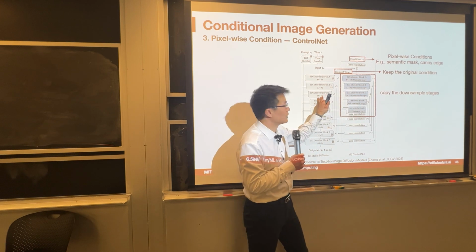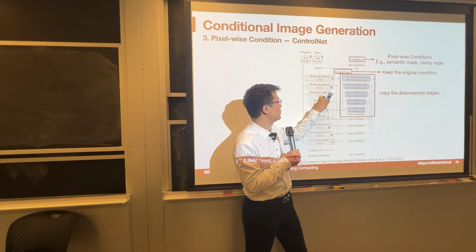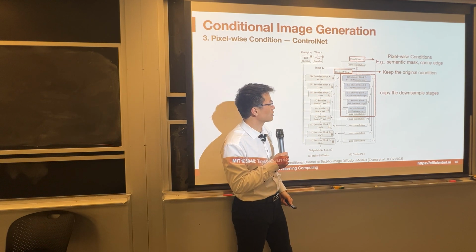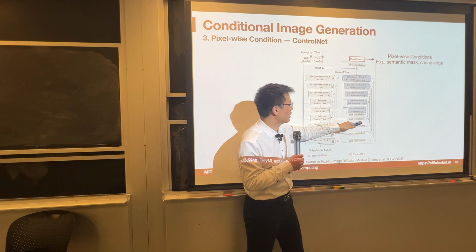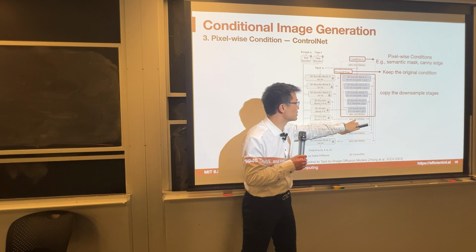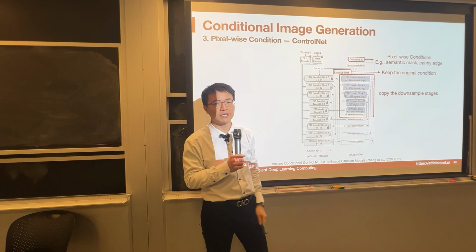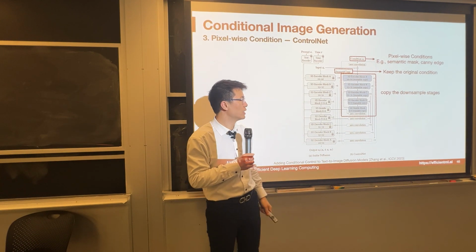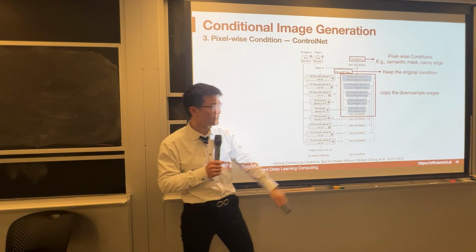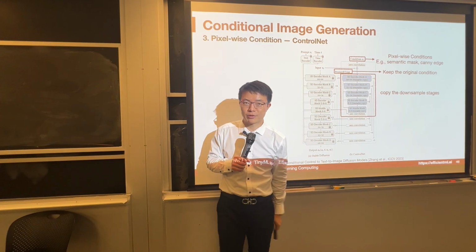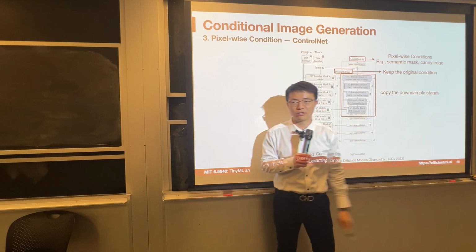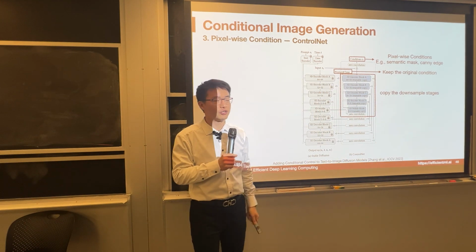This is still using cross attention to inject those text conditions. And then we copy the downsample stages from the original, this is Stable Diffusion's encoder block. On the upsample stage, they don't have any copy, they directly use zero convolution to feed it back to the original upsample phase of the Stable Diffusion's decoder. So this is how these pixelwise maps, either semantic mask or canny edge or pose, are injected.